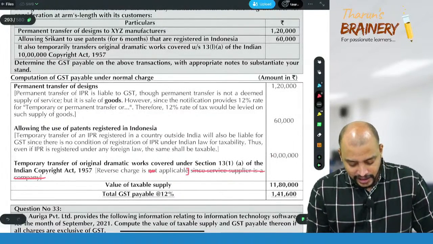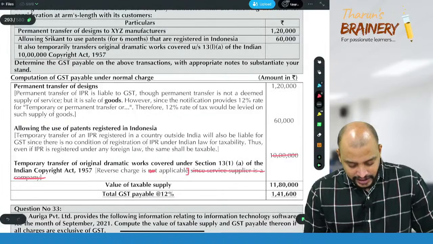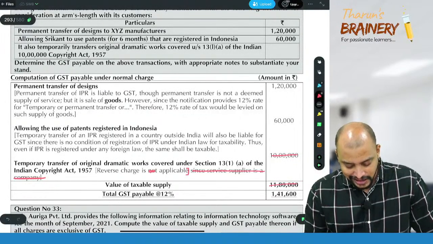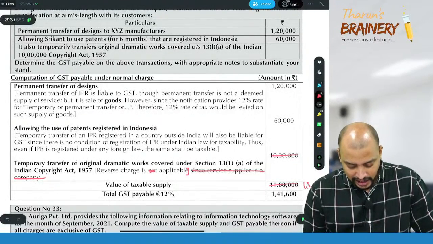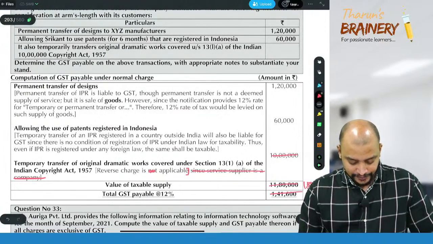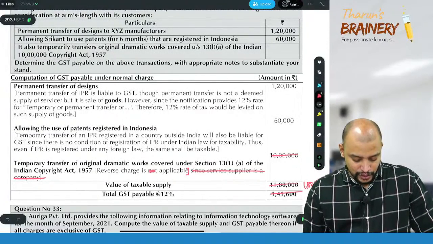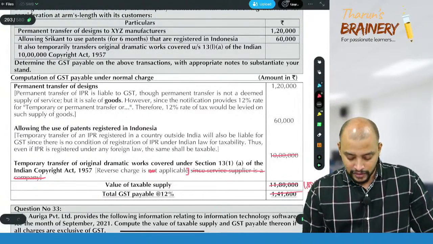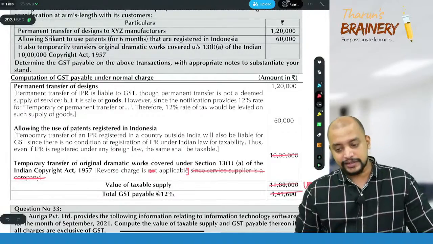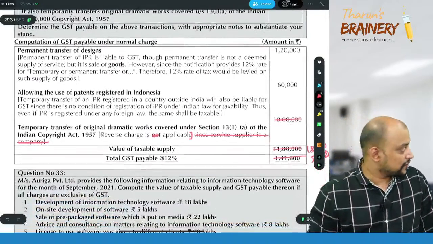And this 10 lakhs will not be coming. So the answer will be 1,20,000 plus 60,000, that is 1,80,000. 1,80,000 into 12%, so 21,600. 21,600 is the answer. Okay.